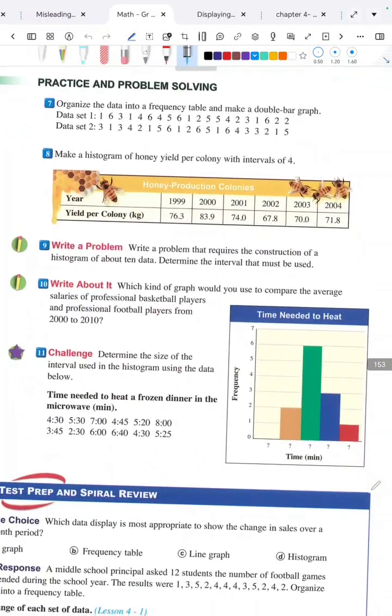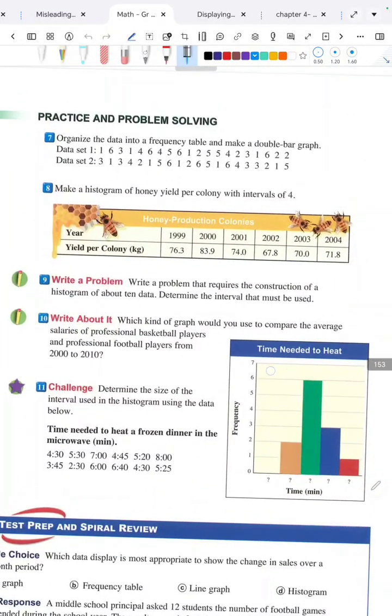Let's see. Question 10. Which kind of graph would you use to compare the average salaries of professional basketball players and professional football players from 2000 to 2010? If the question ended at football players, if we remove this, it would be double bar graph, okay?